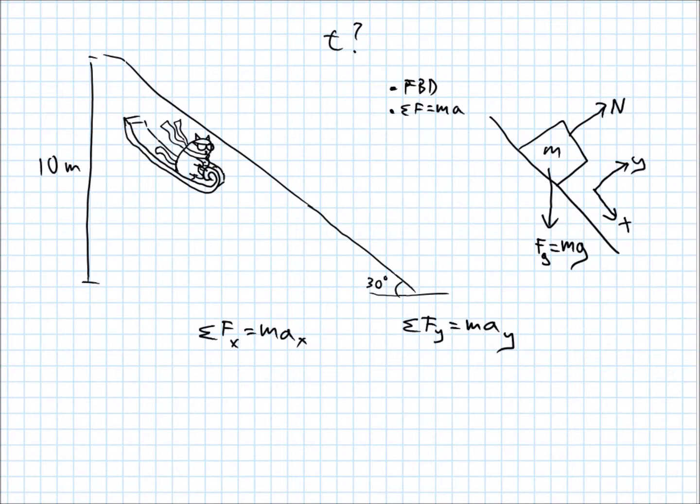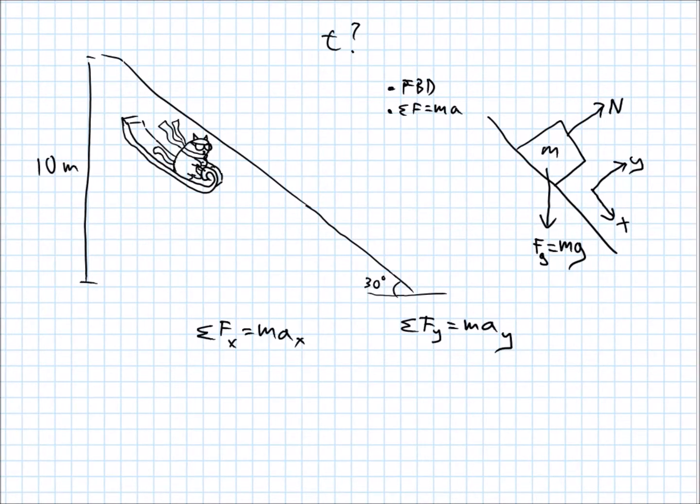One reason is if we end up looking for the acceleration, we can only find acceleration in the y direction or acceleration in the x direction. Since the block is accelerating down the slope, if we were to find acceleration in the x direction, that will be its acceleration down the slope. It also just makes the math easier to tilt your axes like this.